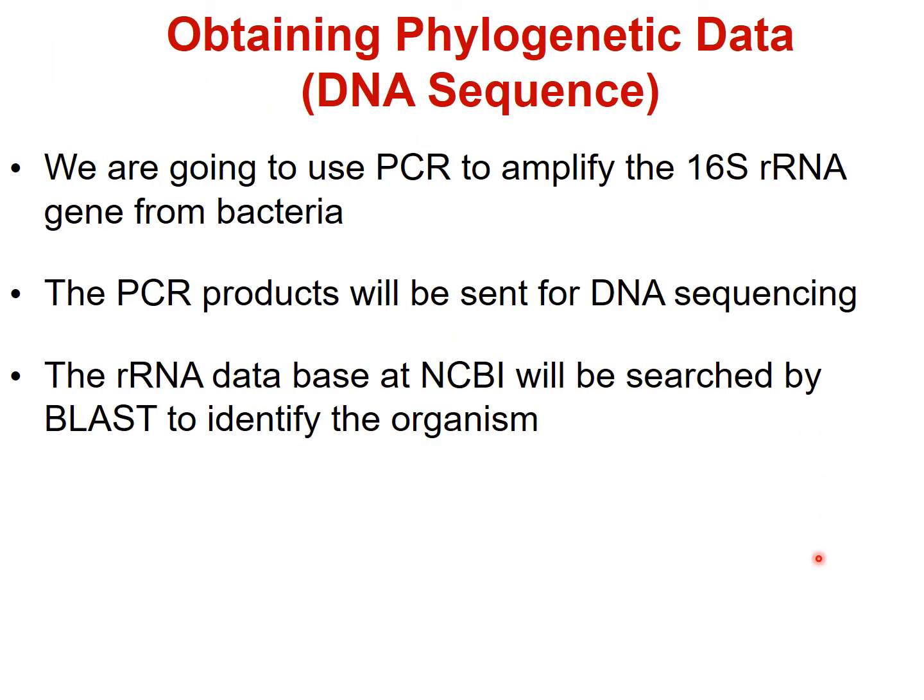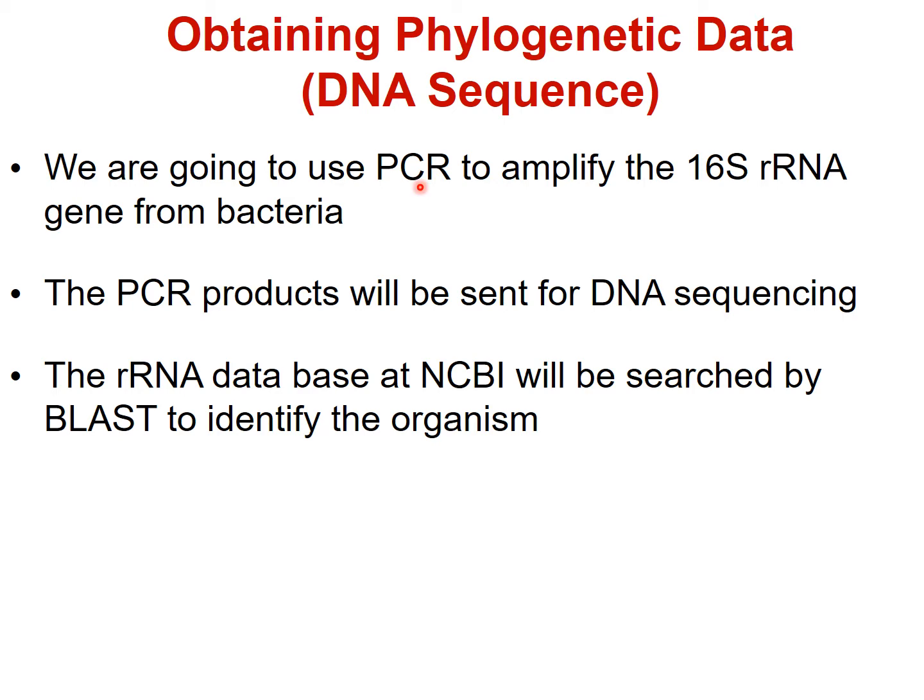How do we obtain these sequences? The sequences are in the bacteria, and we need to get large quantities of DNA from those bacteria to sequence. So we could grow up lots and lots of bacteria and isolate their genomic DNA, or we can take a colony of bacteria and subject it to polymerase chain reaction.